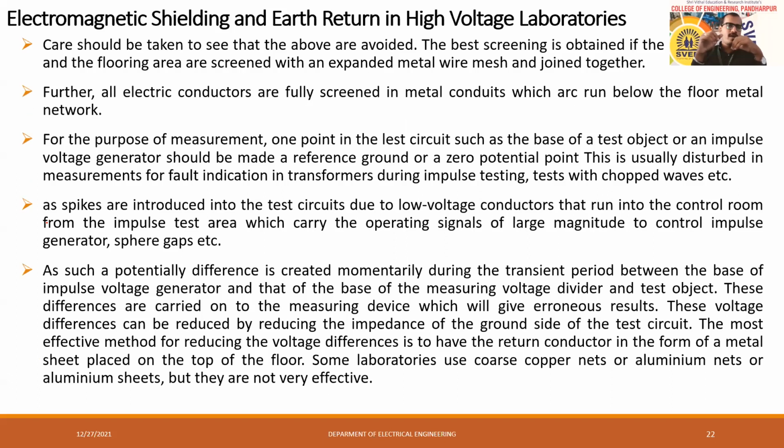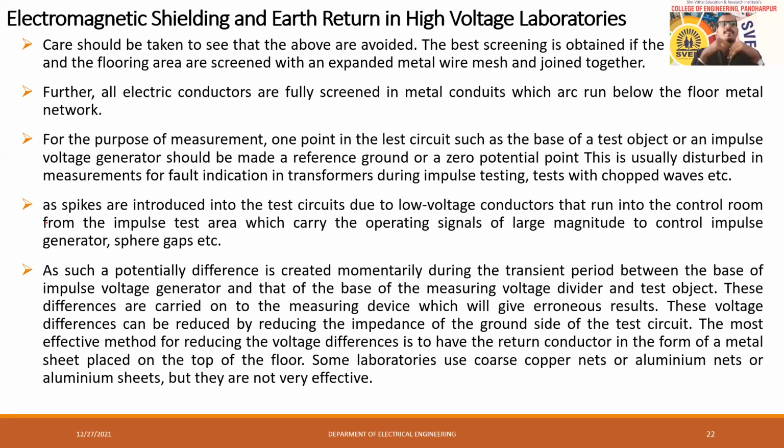Whenever there is a measurement, we should take care that one point in the circuit, the test object, has a reference to the ground. Due to that, if any damage occurs it goes to the ground, and the disturbances will not occur in the measurement.